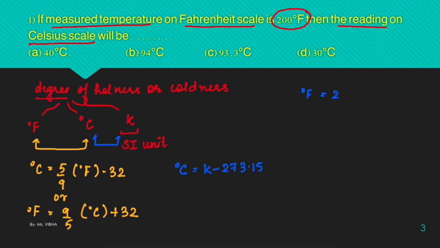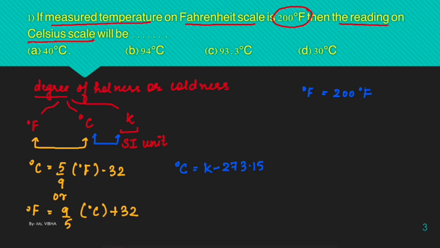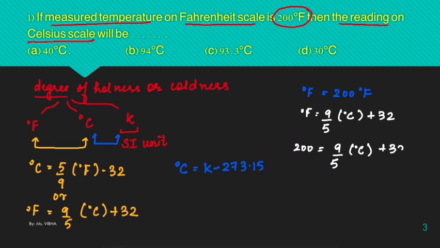So coming back to the question, the temperature is given in degree Fahrenheit. So we have 200 degree Fahrenheit and we have to convert it to degree Celsius. The relationship is degree Fahrenheit is equal to 9/5 degree Celsius plus 32. We will put 200 under degree Fahrenheit. Then we have 9/5 degree Celsius plus 32.